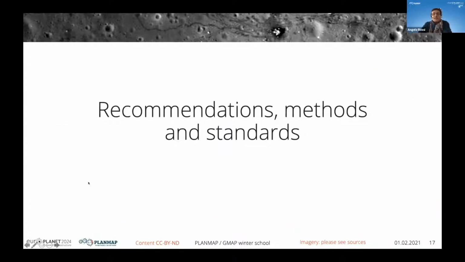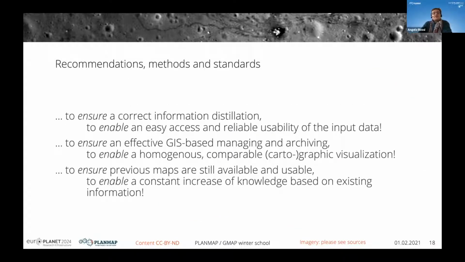Now, when it comes to methods and standards, of course, we need this distilled representation of reality to be easy to access. We need data to be comparable. If I take a picture and I take topography and I don't know how they correlate to each other because they're not using the same spatial reference, obviously I cannot use them effectively, not to mention geologic mapping.